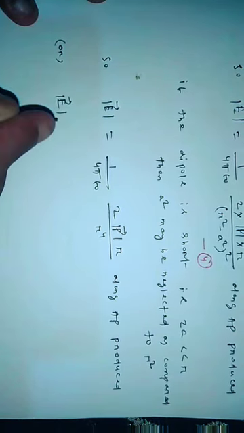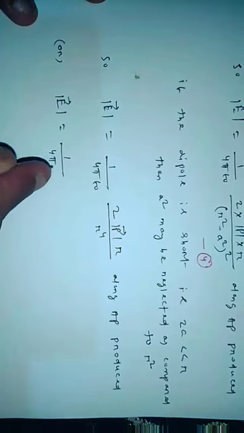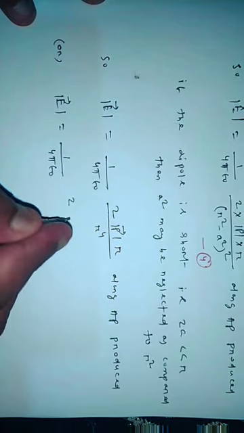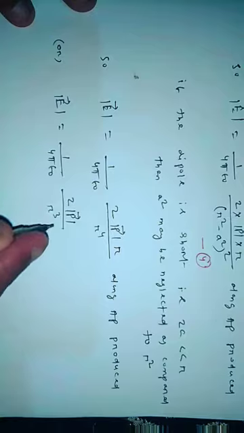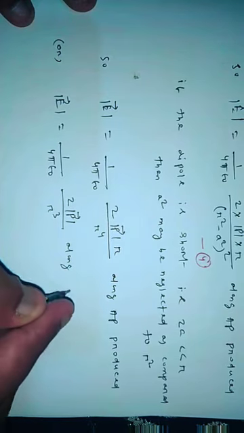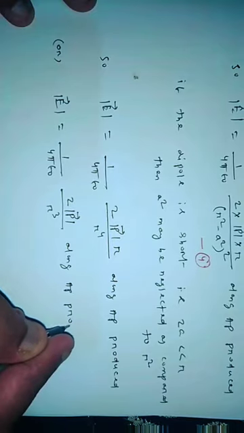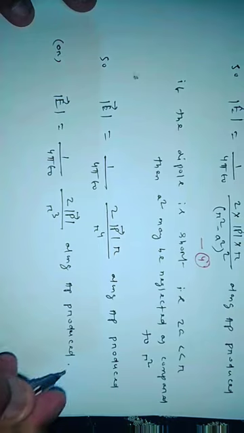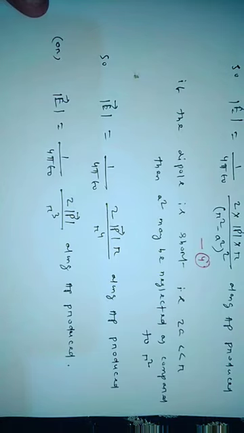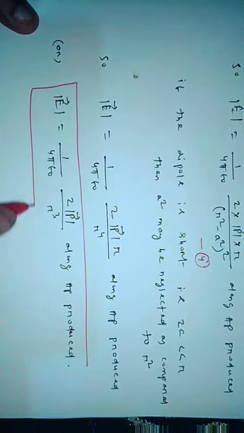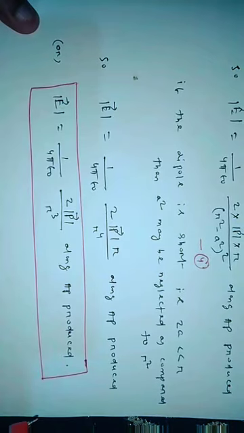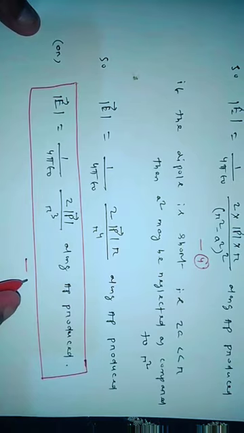Or E equal to 1 by 4 pi epsilon 0 into 2p by r cube along AP produced. Okay. So this is the general expression for the electric field intensity due to an electric dipole on the axial line. Okay.